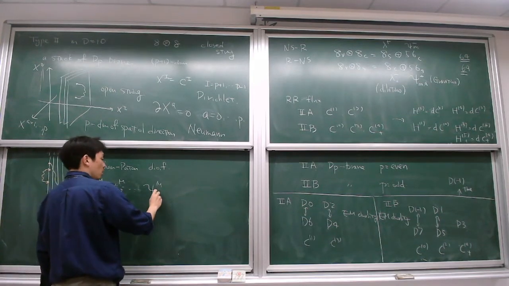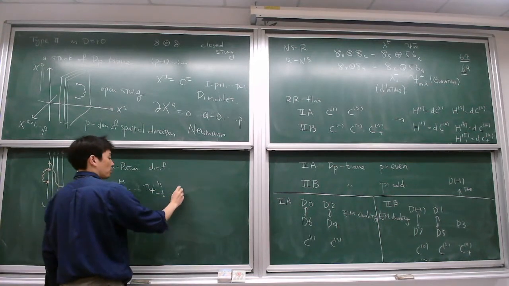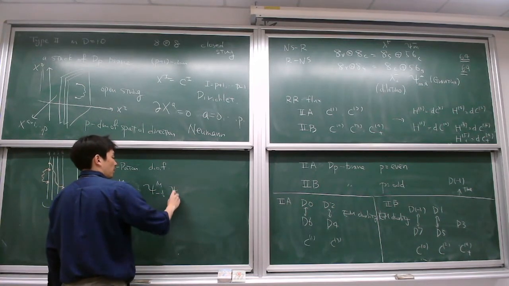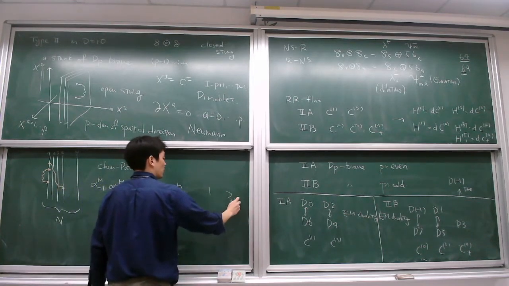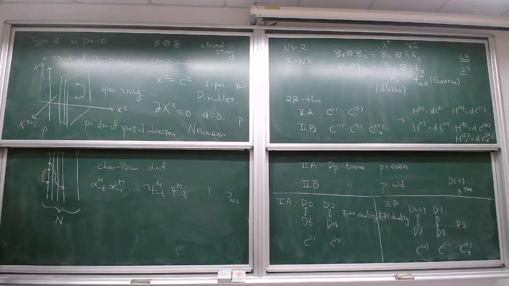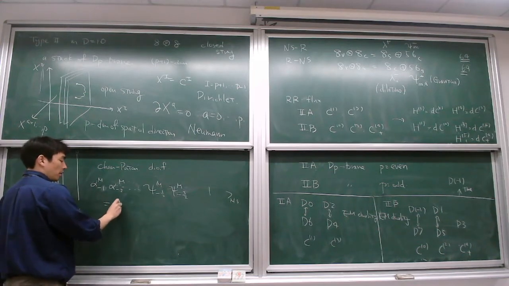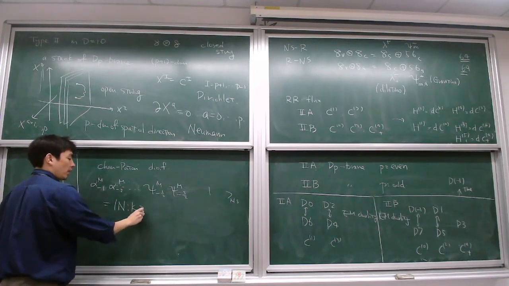That's how you get the open string spectrum. Minus 3 over 2, if it is NS. That's how you get the number operator with momentum k.